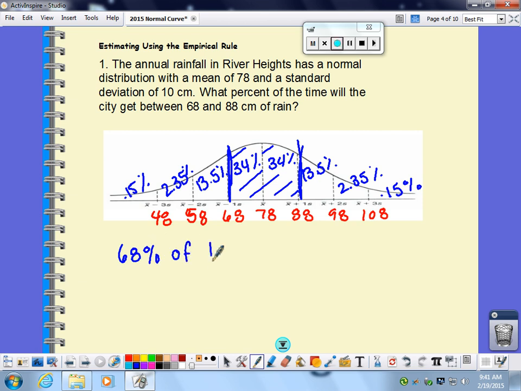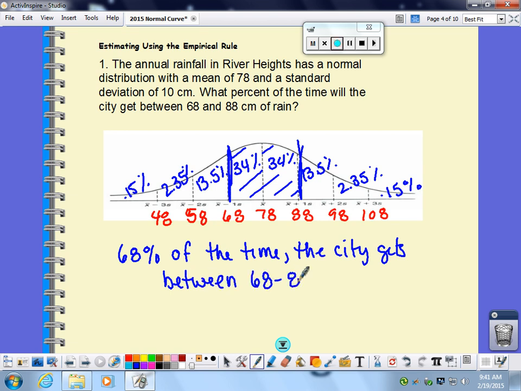So 68% of the time, the city gets between 68 and 88 centimeters of rain. Okay? What could be easier?